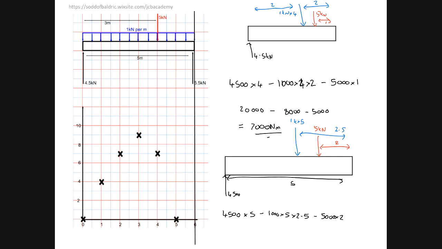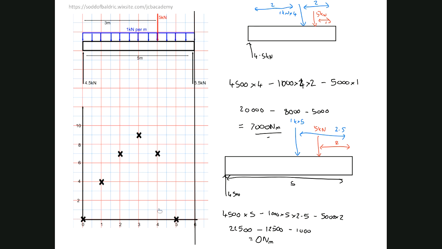That one gives me 22,500 minus 12,500 minus 10,000, and so our bending moment at the 5 meter point is also 0 Newton meters. So our bending moment graph starts at 0, comes up and finishes at 0 again.